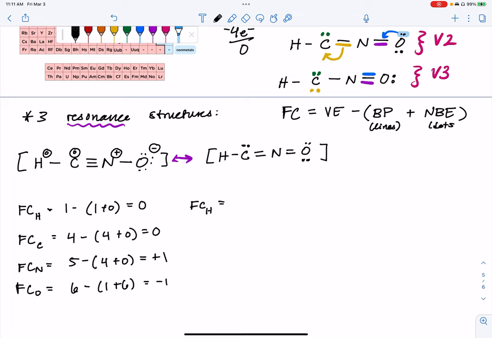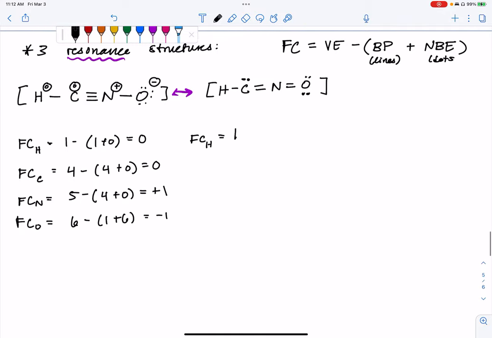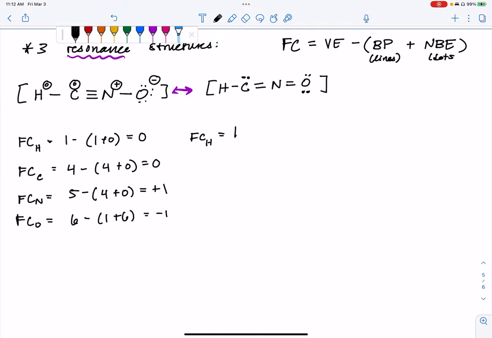Hydrogen has 1 valence electron when it's not bonded to anything, minus the number of bonding pairs, which is 1, plus the number of non-bonding electrons, which is 0. So again, this gives us a formal charge of 0 on the hydrogen.